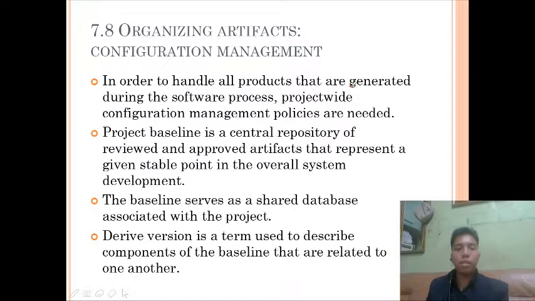So the baseline serves as a shared database associated with the project. Derived version is a term used to describe components of the baseline that are related to one another. Just look at the example of Windows versions.